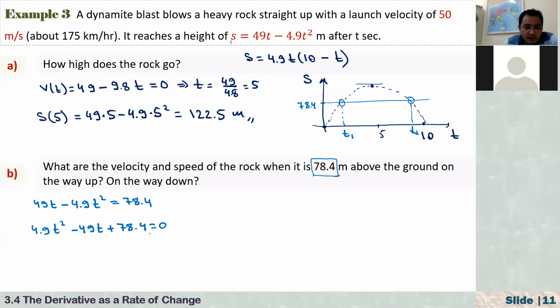Anyway, how can I solve this? Either we can factorize this, or let's just use the quadratic equation formula. The discriminant is equal to 49 squared minus 4 times 4.9 times 78.4.